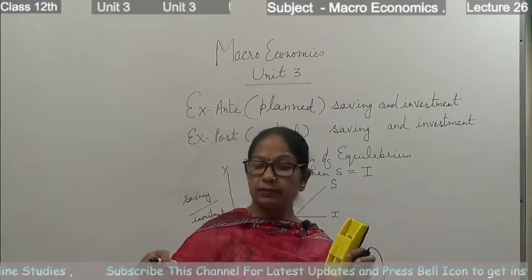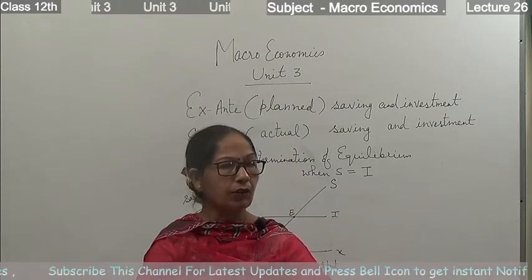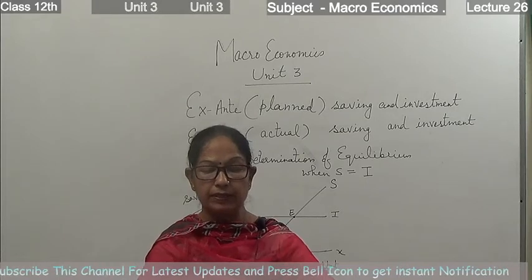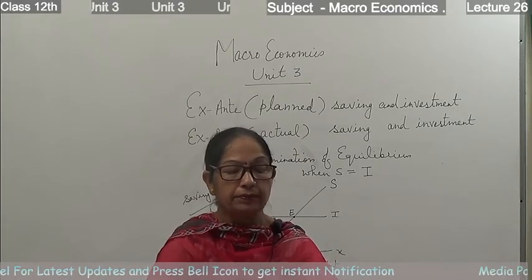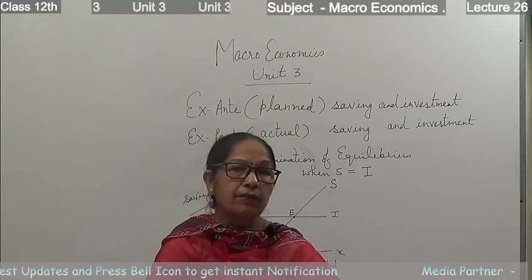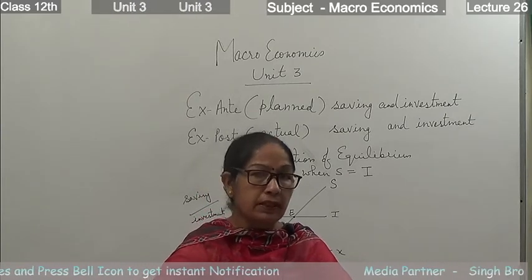So, where the savings becomes equal to investment at point E, that is the point of equilibrium where S is equal to I. One thing we have to learn here is the adjustment mechanism.